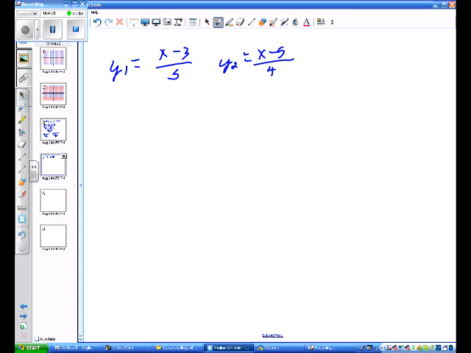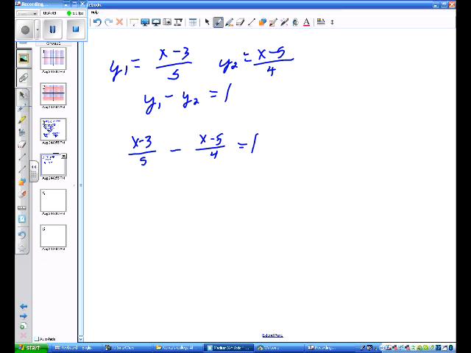And maybe you were asked at that point to find when y sub 1 minus y sub 2 is equal to 1. You can be given equations and asked to do several different things with them. Again, you set up an equation of y sub 1, which is (x minus 3) over 5, minus y sub 2, (x minus 5) over 4, and you want to know when those equal 1.